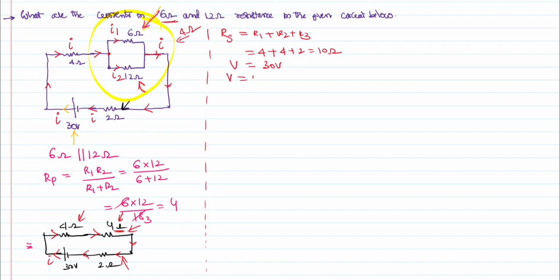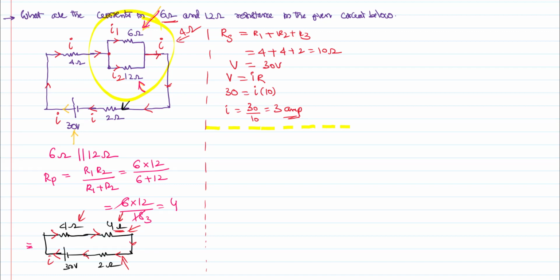I can use Ohm's law, V equal to IR. So 30 equals I, which we don't know, times R, which is 10. So the current in the circuit is 30 by 10, that is 3 amperes.